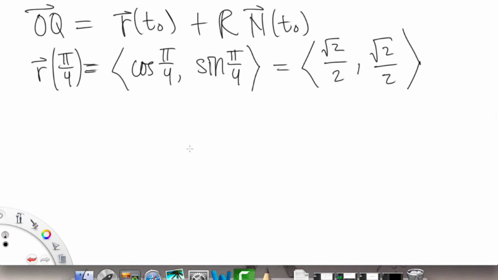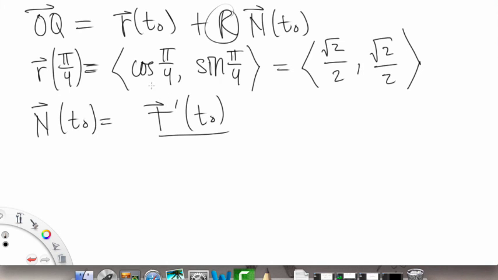Okay, perfect. So now that we found that, we know that r is 1, our radius of curvature is 1 all the way around, and our unit normal vector is going to be the following. It's found by taking the derivative of the unit tangent vector, and then dividing by the magnitude of that derivative of the unit tangent vector.